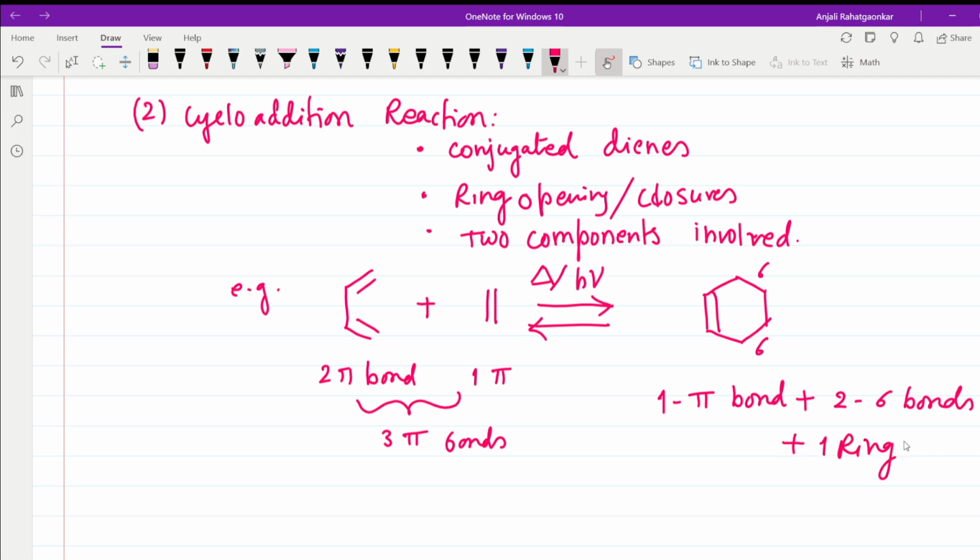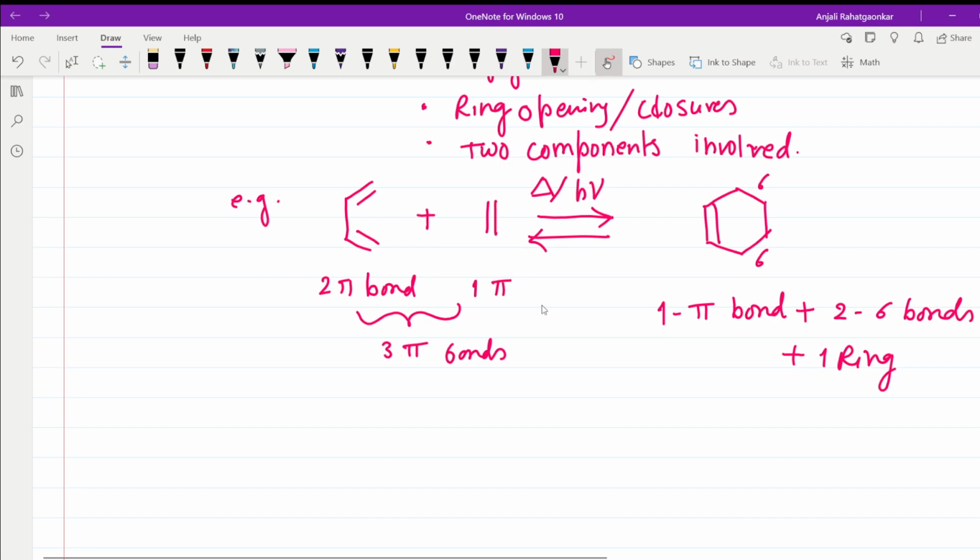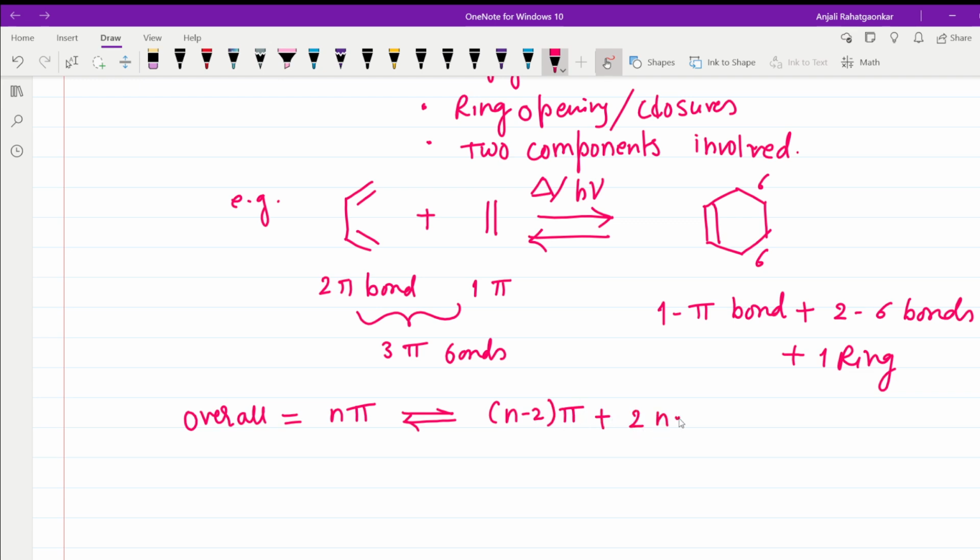So overall accountability in terms of pi bonds will tell you what is happening. If in the reactants I have n pi bonds, in the product I get n minus 2 pi bonds plus 2 new sigma bonds and 1 ring.